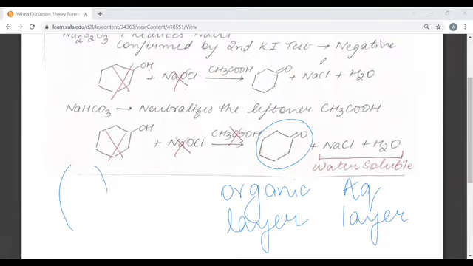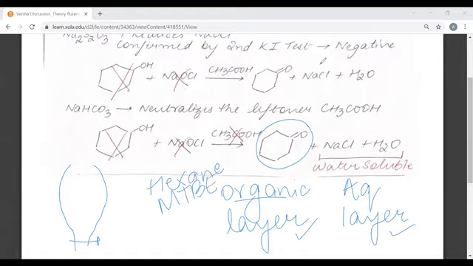In the separatory funnel, the organic layer and aqueous layer can be separated, depending on which organic solvent you are using. Are you using hexane? Are you using MTBE?